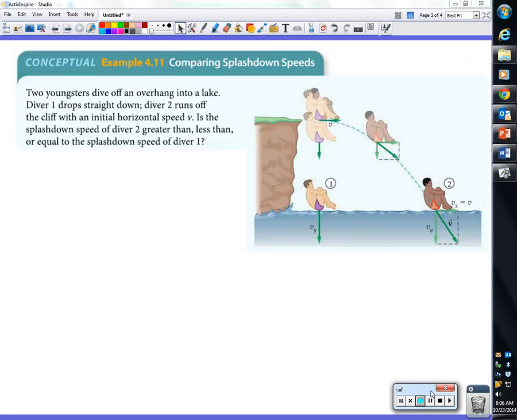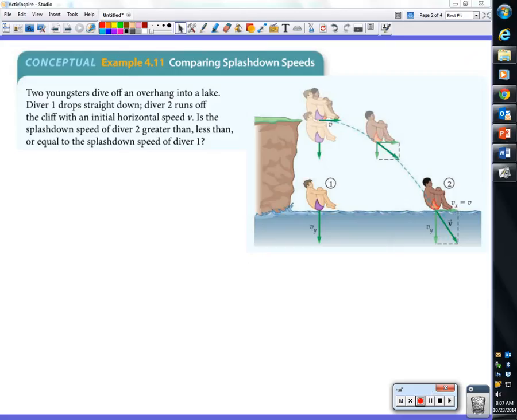All right, section 4.4. Up to this point, we've discussed the big idea that started off this section, that horizontal and vertical motions are independent of one another.